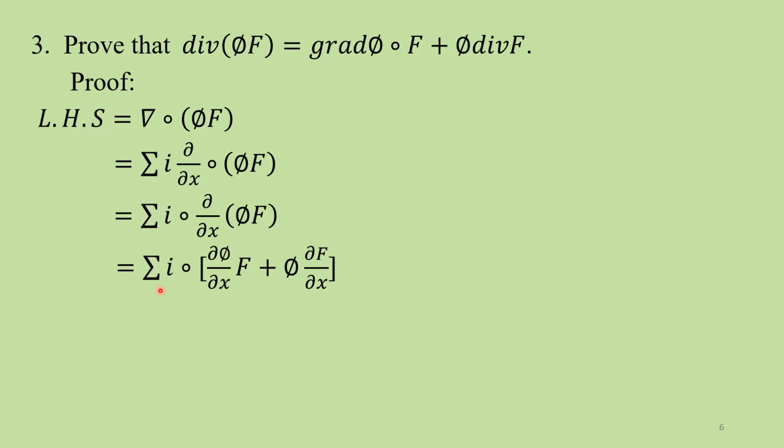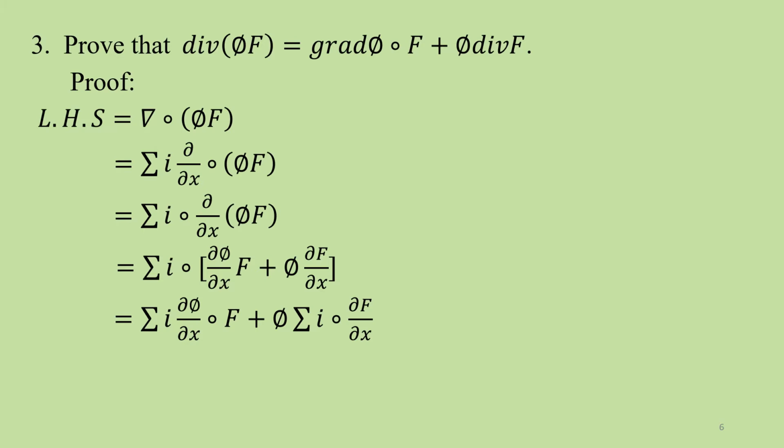So we'll have two summations. One is summation i of i dot dou phi by dou x f, plus summation i of i dot phi dou f by dou x. This dou phi by dou x in the first summation is a scalar, so I can shift it here, that is, summation i of i dot dou phi by dou x f, I take it as summation i of i dou phi by dou x dot f.